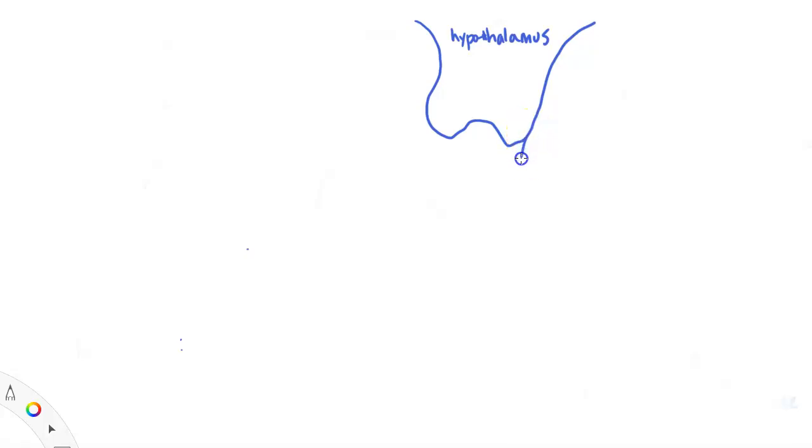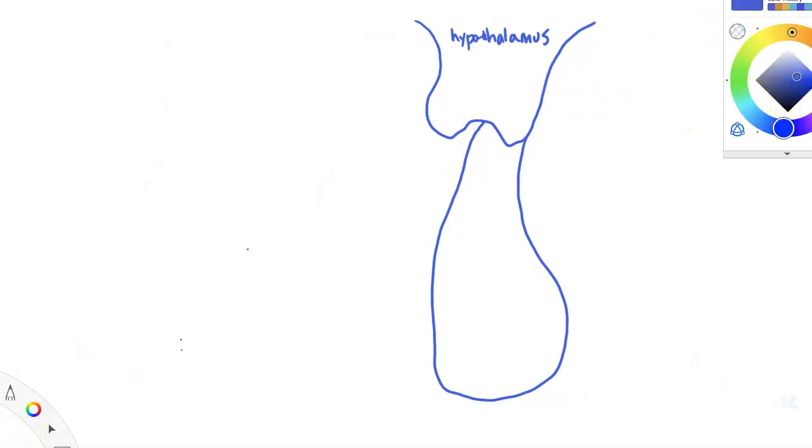So if I extend this down a little, let me make a big thing here, and then up, and then over here, let's make a big thing here. There are basically two parts of the pituitary gland.